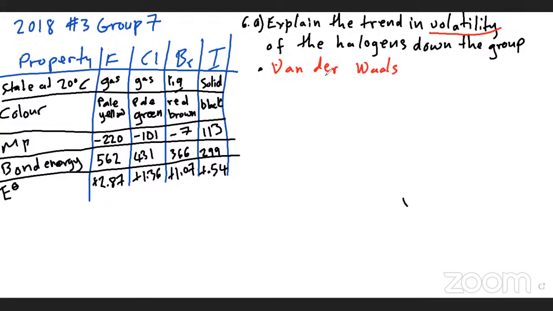So since it is Van der Waals, we need to know what affects Van der Waals forces. That would include the number of electrons and the size of the atom. Once you identify this, let us state the trend. It says explain, so let us state it first.